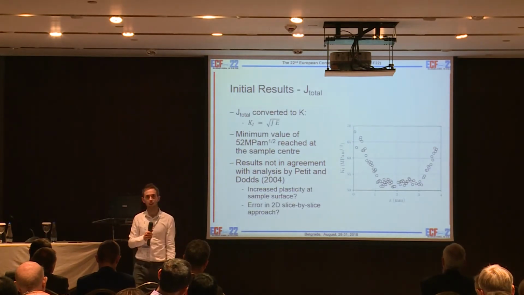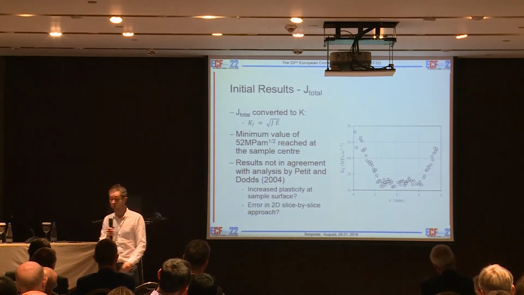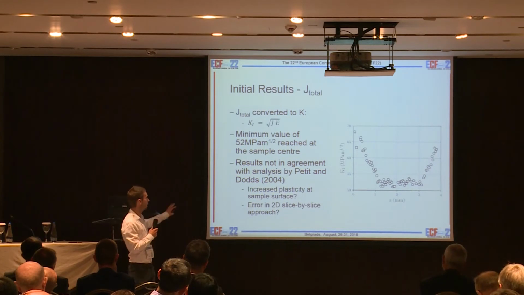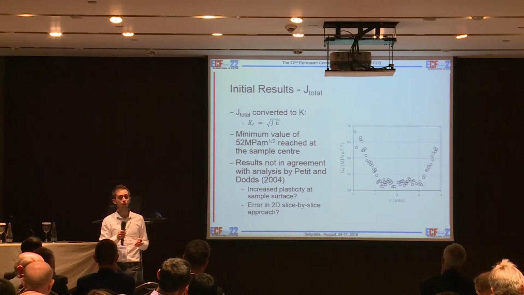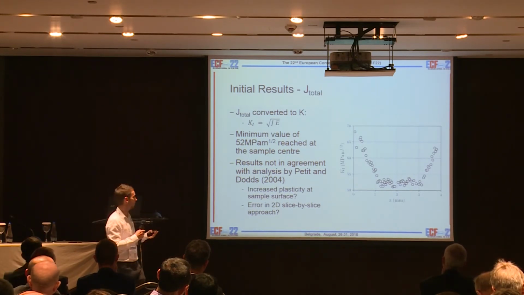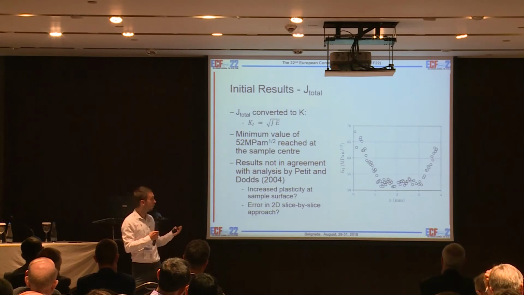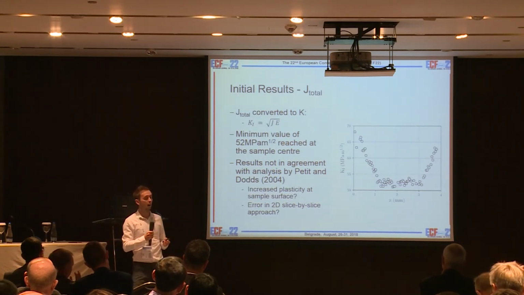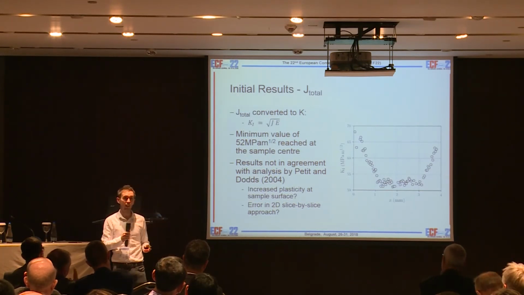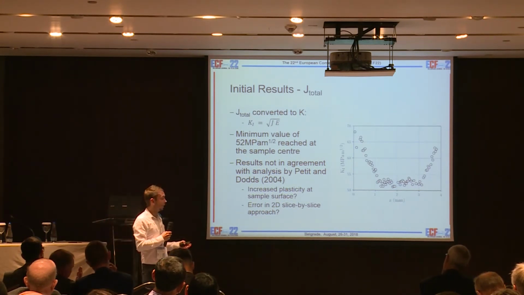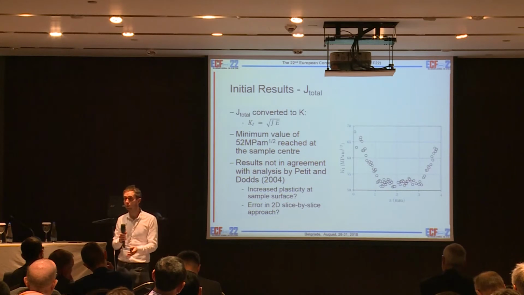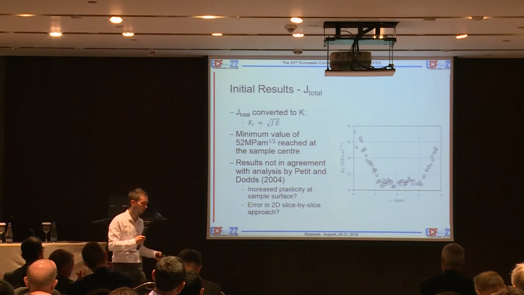Then we start to get some of the initial results from that. Here I've converted J to K, and you can see that in the center of our sample, we have a value of K of around 50 megapascal root meters, which increases to above 70 at the edge of the sample. Interestingly, those results are in agreement with some of the other work in the literature.